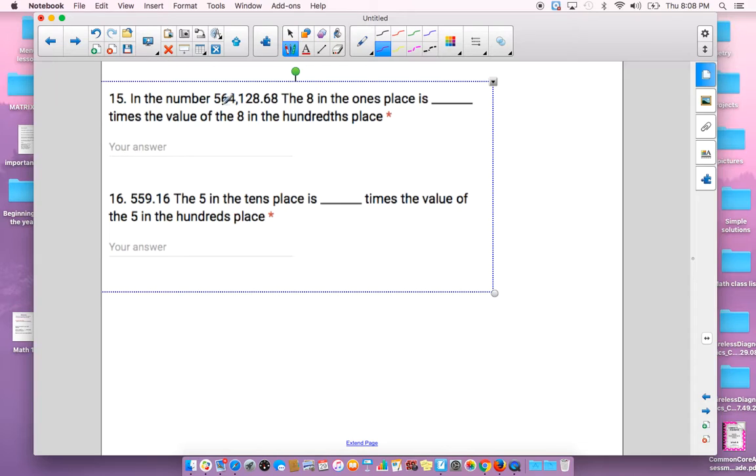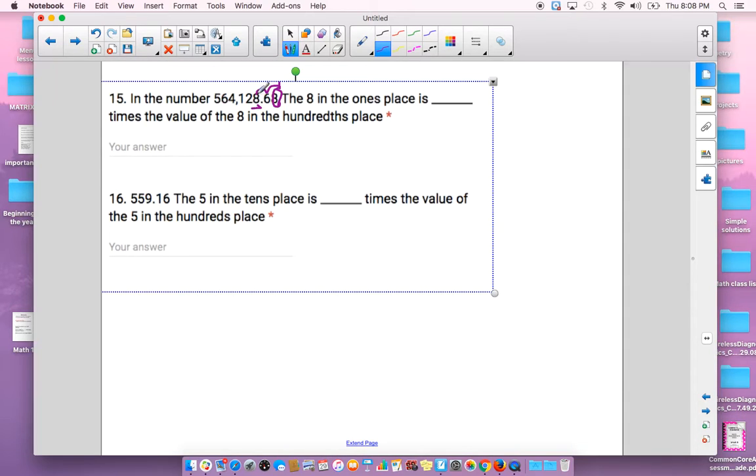In the number 564,128 and 68 hundredths, the 8 in the ones place compared to the 8 in the hundredths place. Okay, and we're going to the right.